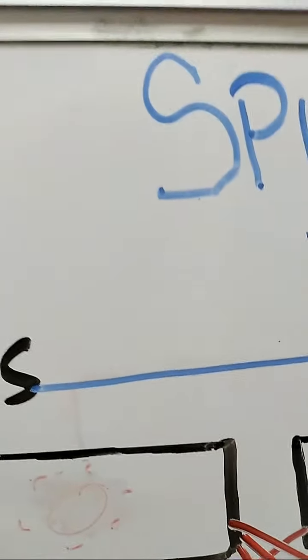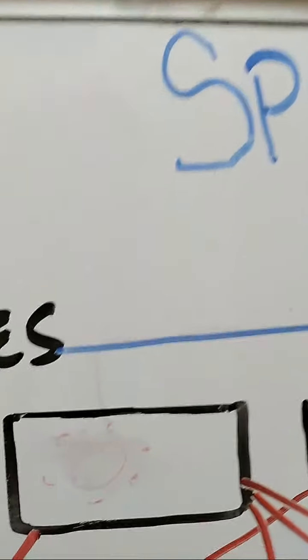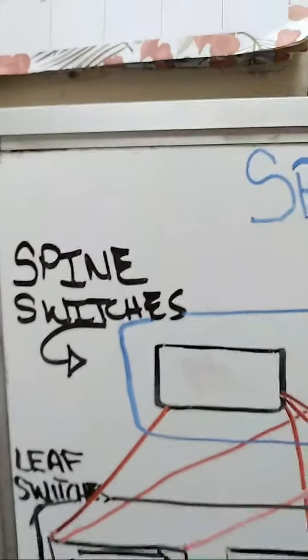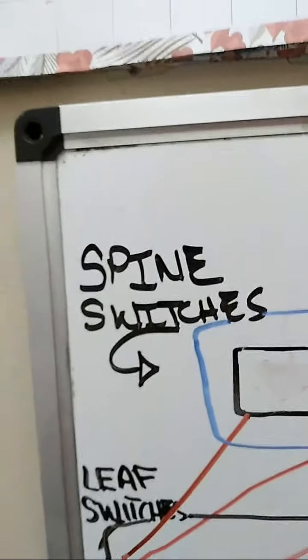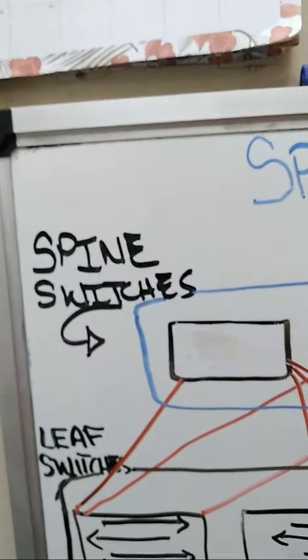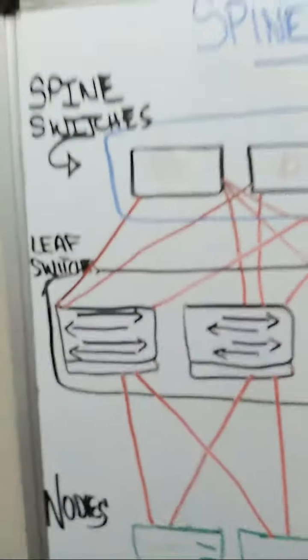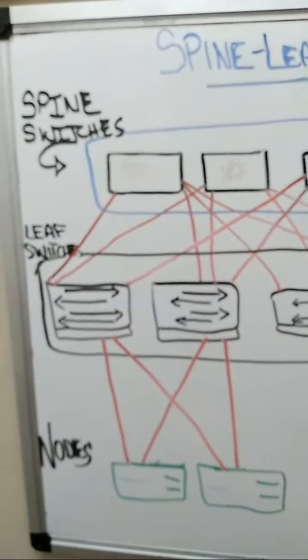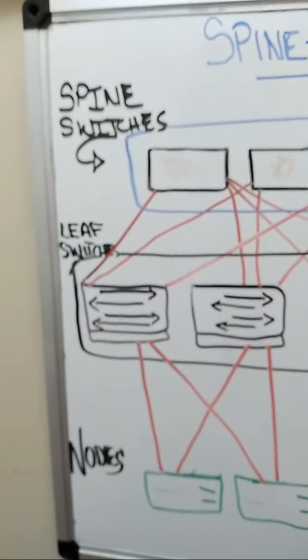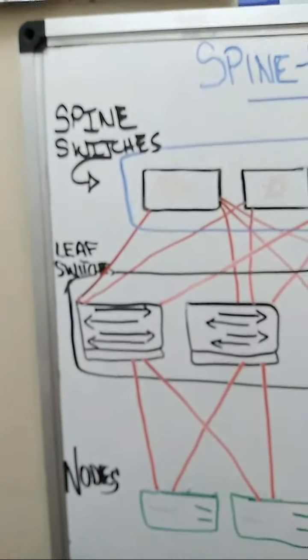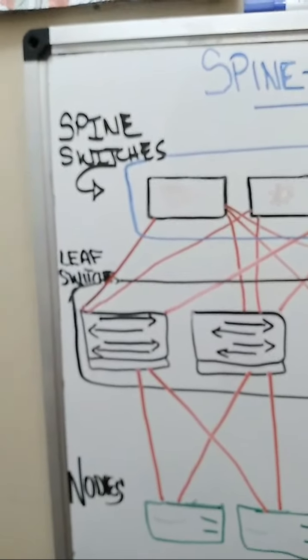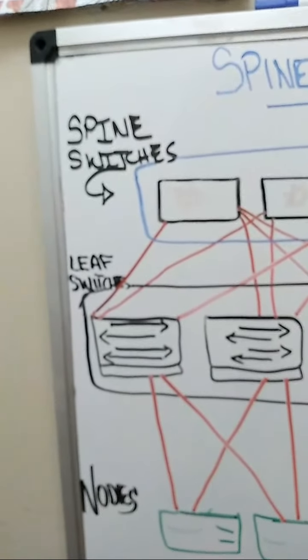But you have spine switches that interconnect those top of rack switches. So you notice all the extra links in there aren't just for redundancy. They are there for performance as well.